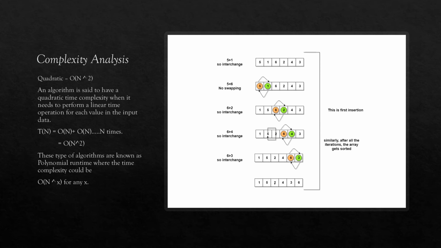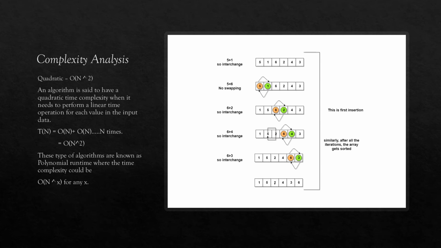So in the worst case, we would perform n swaps for each element. Which means the time complexity in this case would be O of n plus O of n plus O of n, like that for n times, which is O of n squared.